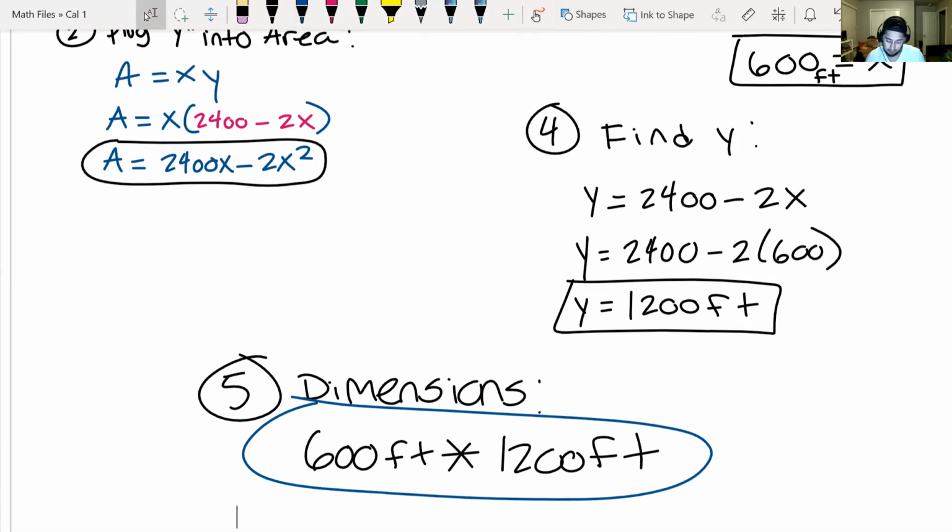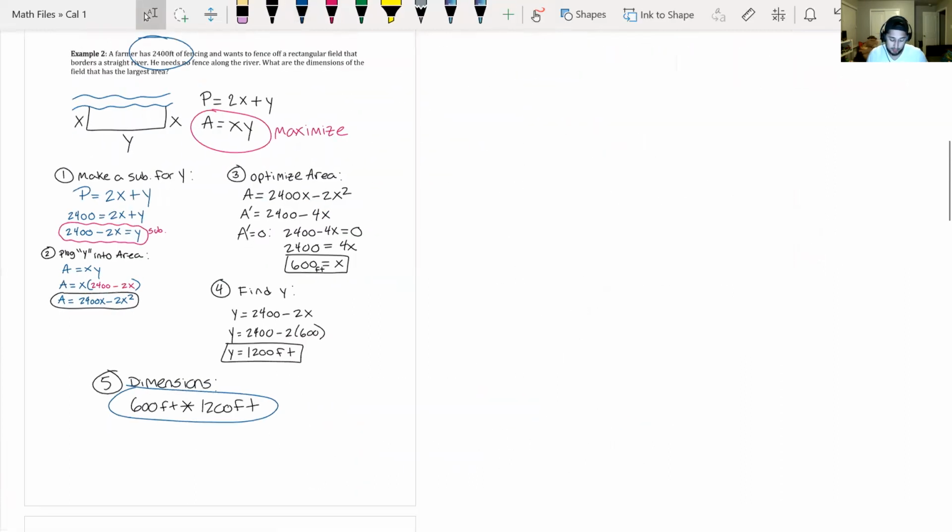So those two were warm-ups, and those two problems show you how to work optimization. You have to know the formulas and know what you're maximizing or minimizing, know what you're optimizing, and then you have to put it in terms of one variable, which means you're always going to have to make a substitution for what variable you want.